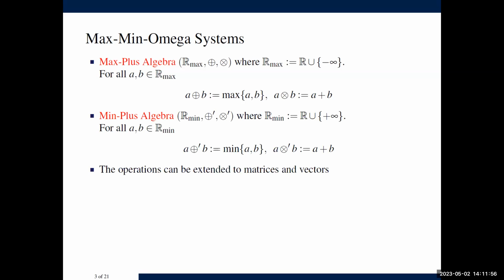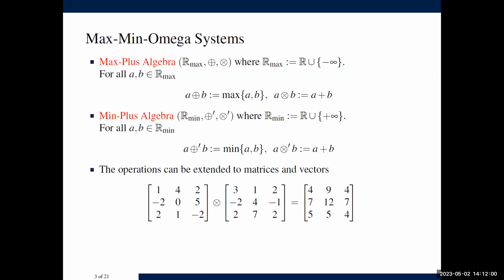And of course, these operations can be extended to matrices and vectors in the natural way. So, for example, when we multiply these matrices, we simply take the first row of the first matrix and the first column of the second matrix, and we multiply. So 1 times 3 in max plus is 4, and then 4 times minus 2 is 2, and then 2 times 2 is 4, and then we take the maximum, which is 4.